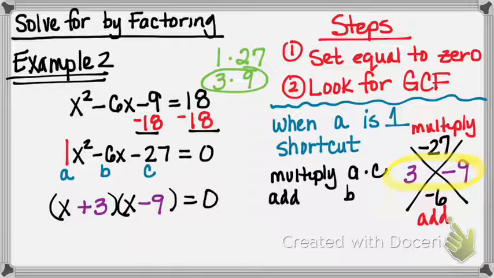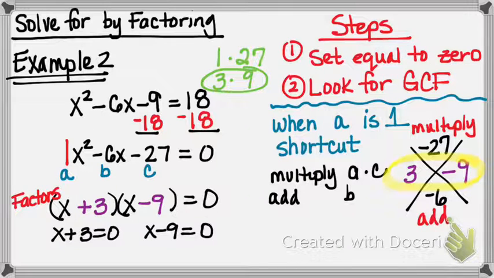So now let's find the solutions. And to find the solutions, set them both equal to 0. So take x plus 3, set that equal to 0, and take the x minus 9 and set that equal to 0.